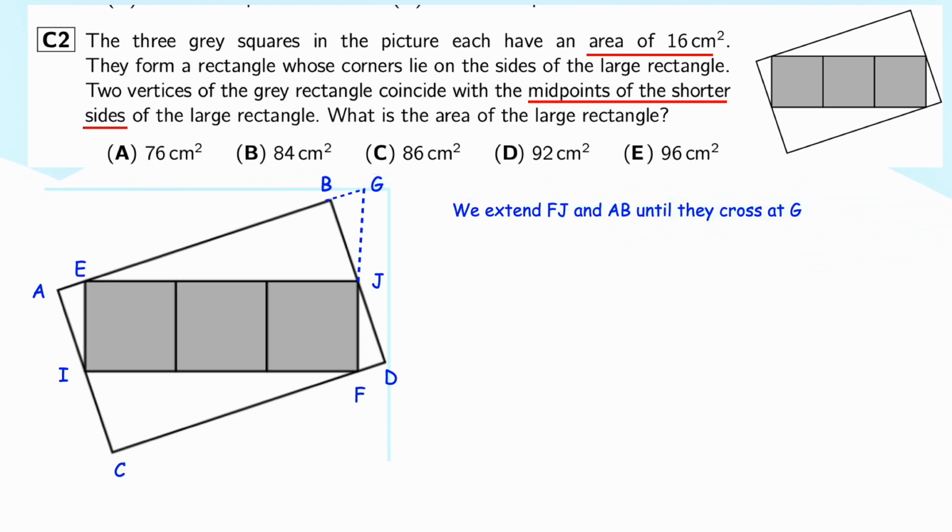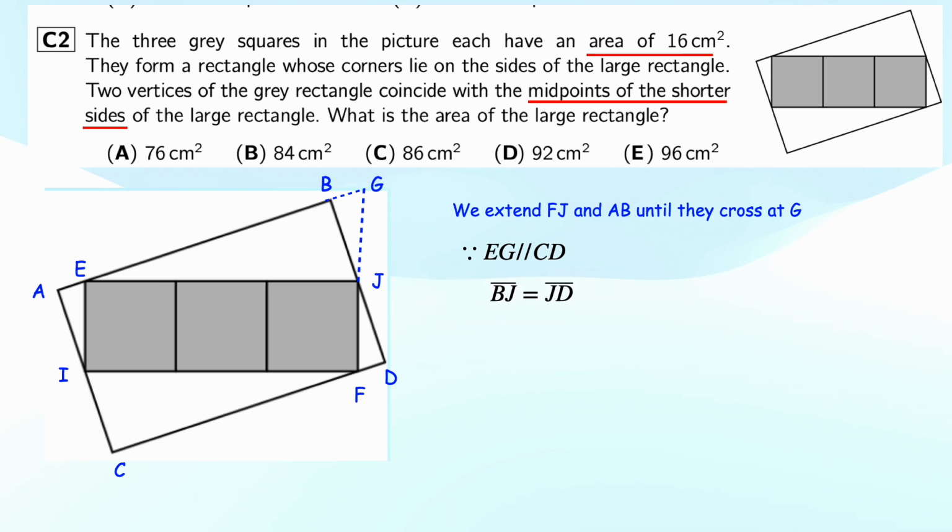We know ABCD is a rectangle, so AB is parallel to CD, namely EG is also parallel to CD. And J is the midpoint of BD, so BJ is equal to JD.